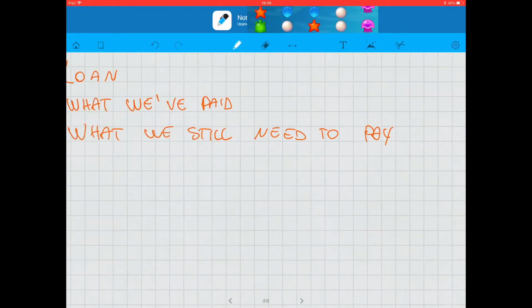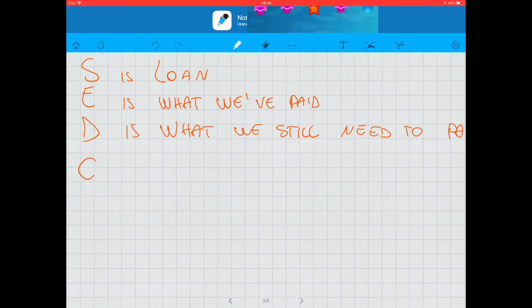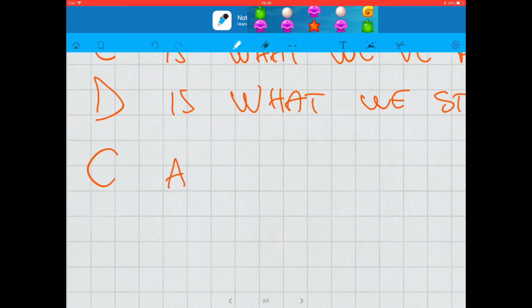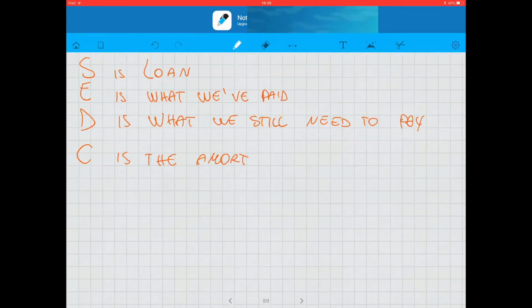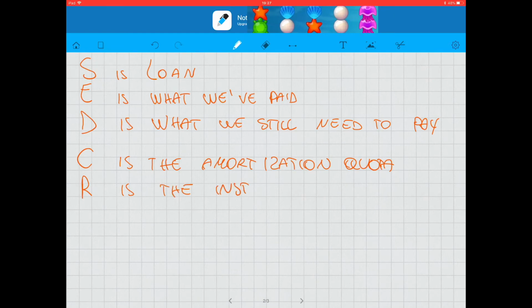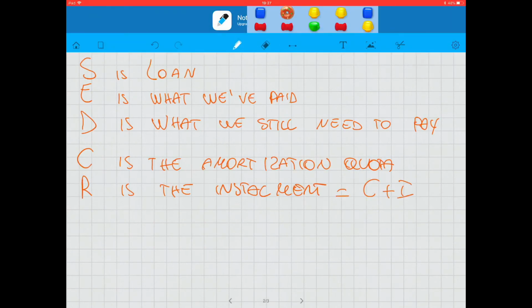Then there is C, that is the amortization quota. And R is the installment, what we actually pay, and is equal to C plus I, where I is our interest quota.